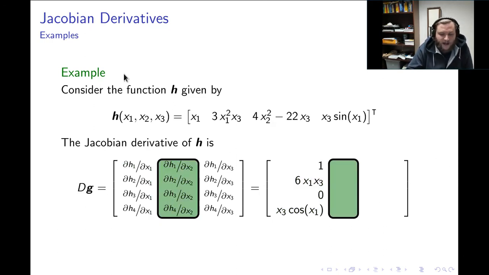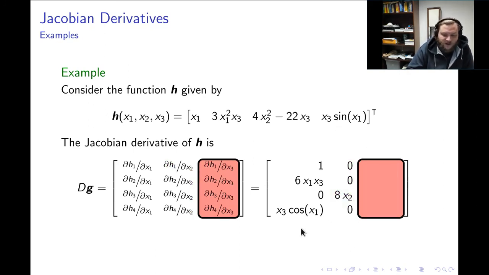In the next column, I'm going coordinate by coordinate and taking partial derivatives with respect to x2 now. So I should end up with zeros in the first two positions because there aren't any x2s here. In the third position, I have this term that has 4x2 squared, which becomes 8x2. And then there is no x2 in the fourth position, so I get another 0 there.